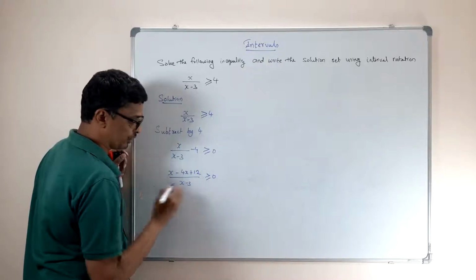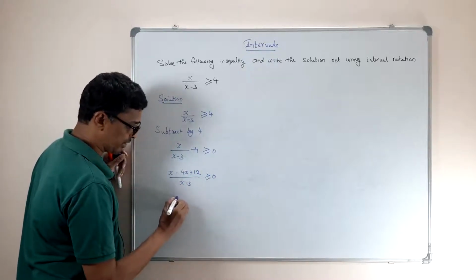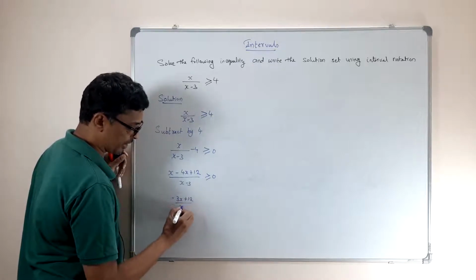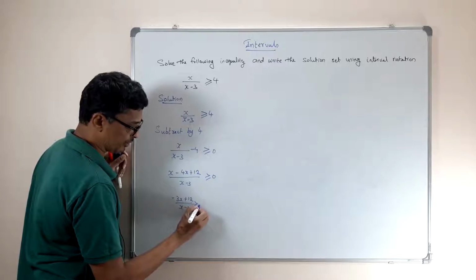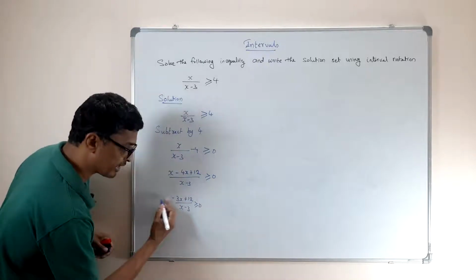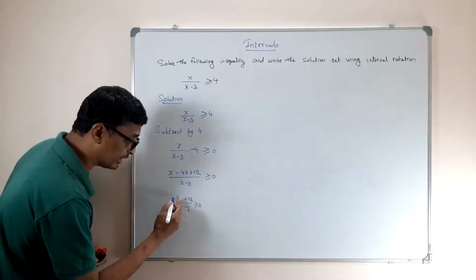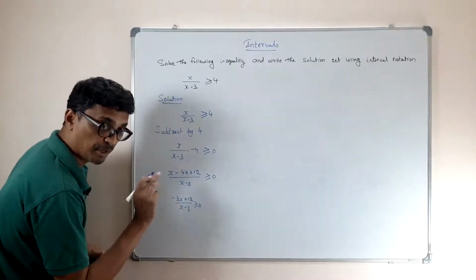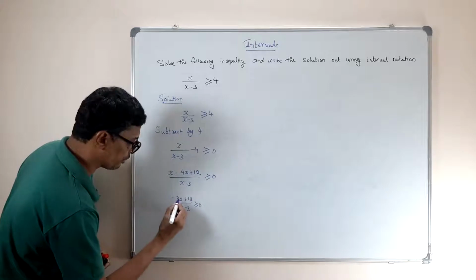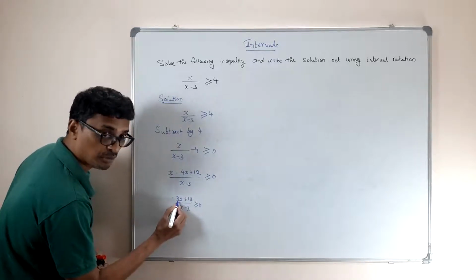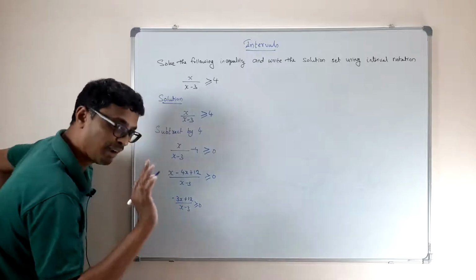So this will be minus 3x plus 12 divided by x minus 3. Let me take minus 3 commonly outside. Remember, always let the x not be negative. Try to make it always positive. So if I take minus 3 commonly outside, the x becomes positive. Correct? And the x coefficient should be 1.